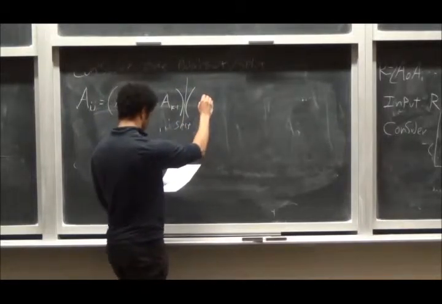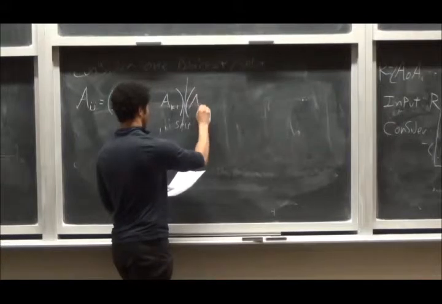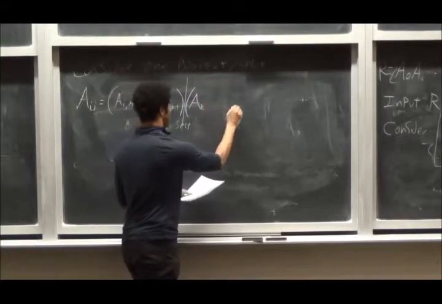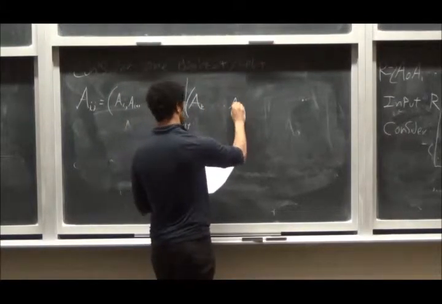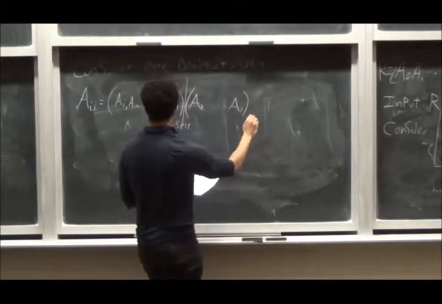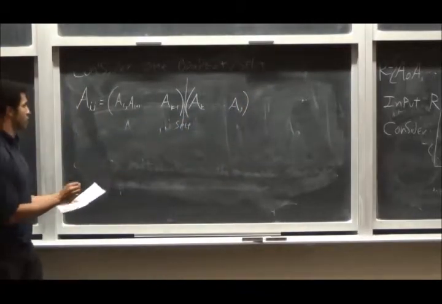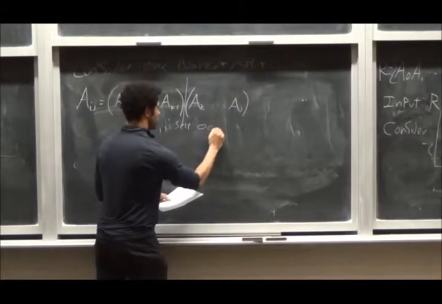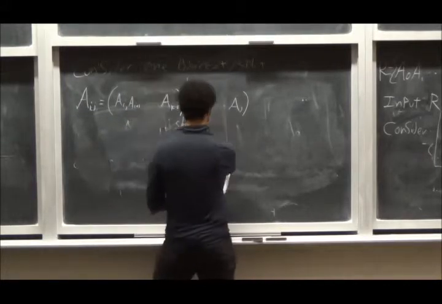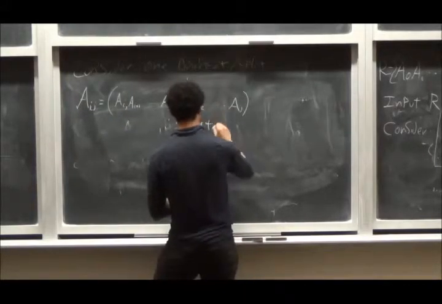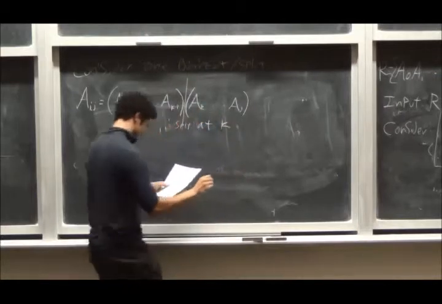We consider the product of this multiplication, and afterwards continue from A k all the way to A j. So the split occurs, let's say, at k.